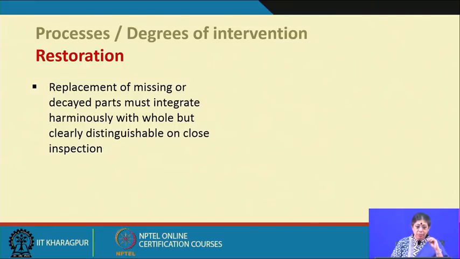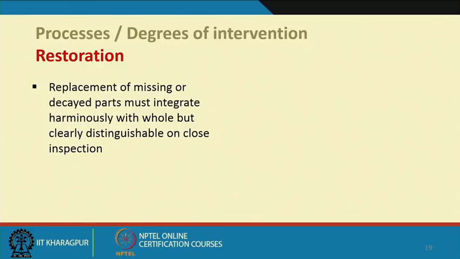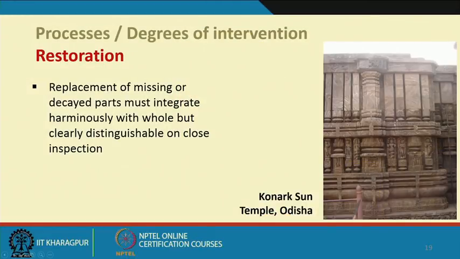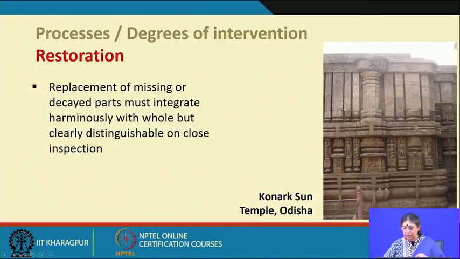Also, when we talk about restoration, we must understand that the replacement of missing or decayed parts must integrate harmoniously with the whole, but be clearly distinguishable from the whole on inspection. There are situations where we give new materials, like in this case again coming to the Konark, you can see that this part is the original.